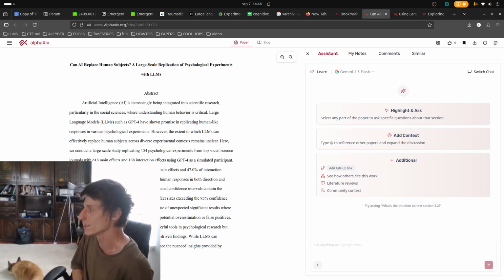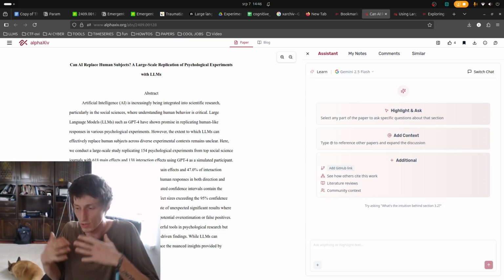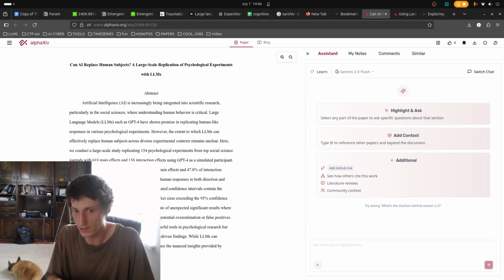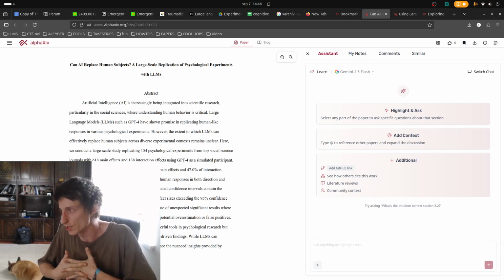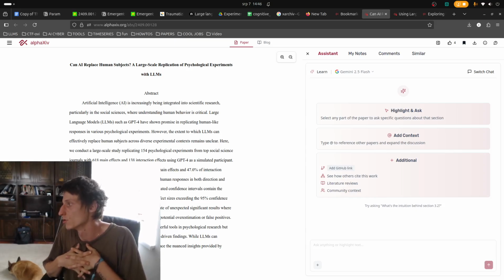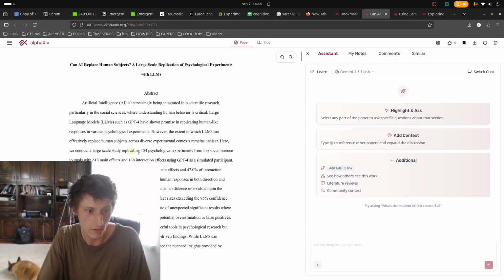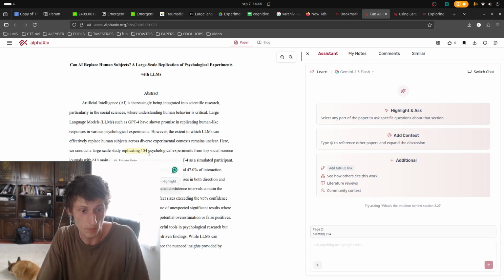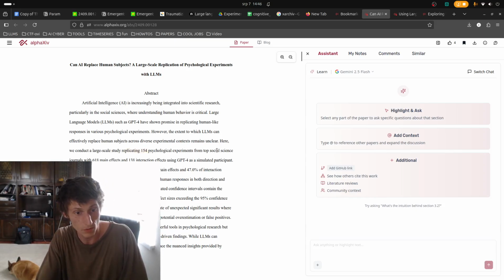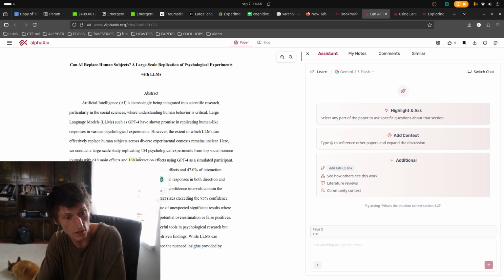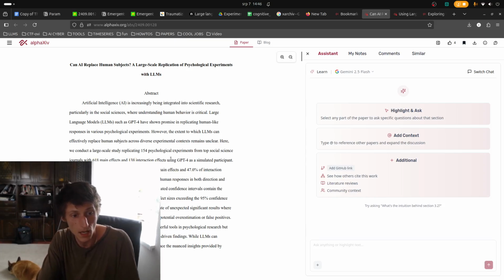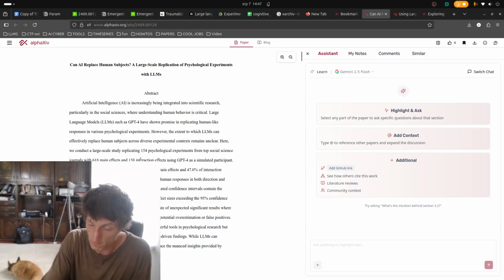So it is feasible. They do act like humans, and you can actually recreate some of the original results. They replicated 154 psychological experiments from top social science journals with 618 main effects and 138 interaction effects, using GPT-4 as a simulated participant.